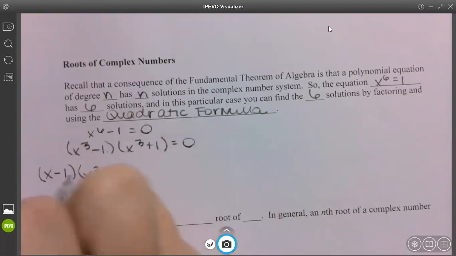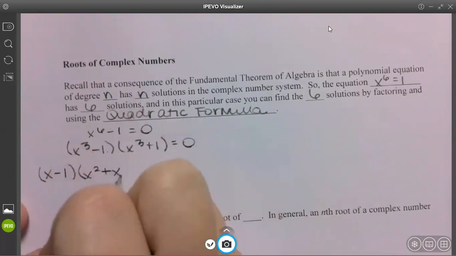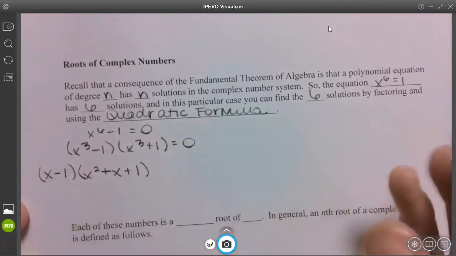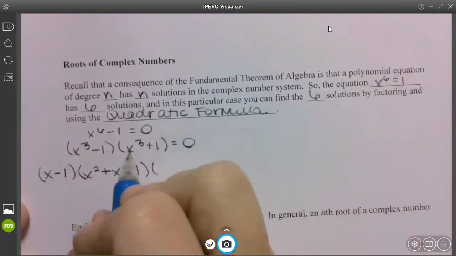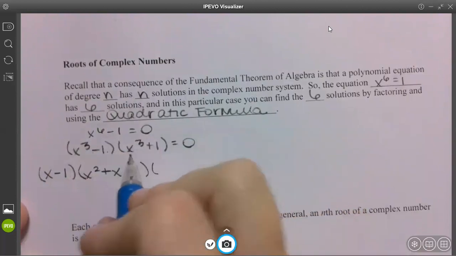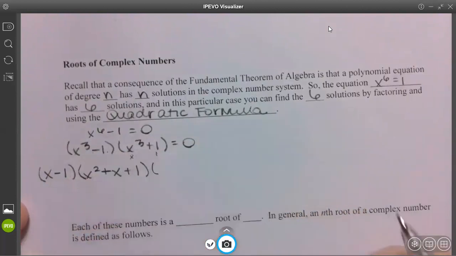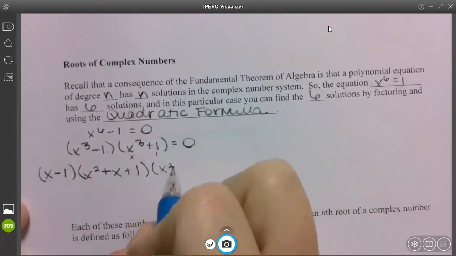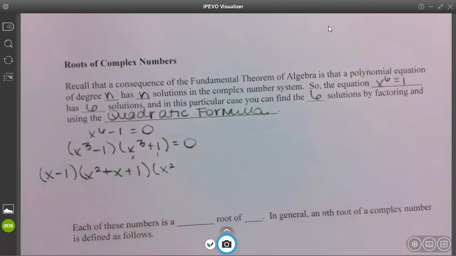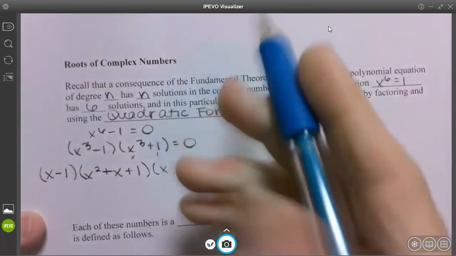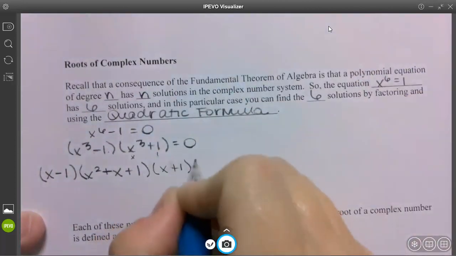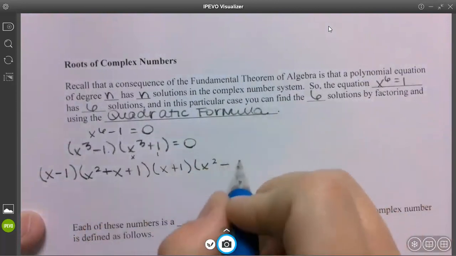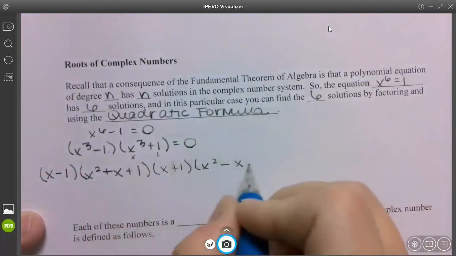Change the sign. Multiply them together. 1 times x is x. And then square the last. 1 squared is 1. So if we do it again, x cubed, the cube root is x. The cube root of 1 is 1. Our first factor is x plus 1. Square the first one, change the sign, multiply them together. 1 times x is x, and then square the last.